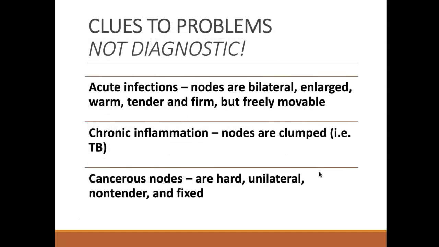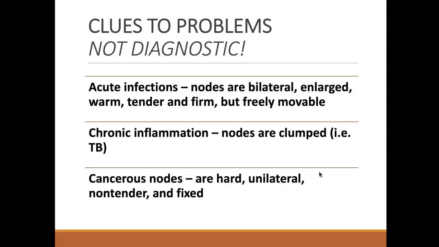Again, clues to problems. Remember, we don't diagnose, but we gather information. With acute infections, sometimes the nodes may be enlarged and a little tender, because the lymph system is a part of your immune system. With chronic inflammation, sometimes the nodes can be clumped together, particularly with something like a TB infection. Cancerous nodes are usually hard.